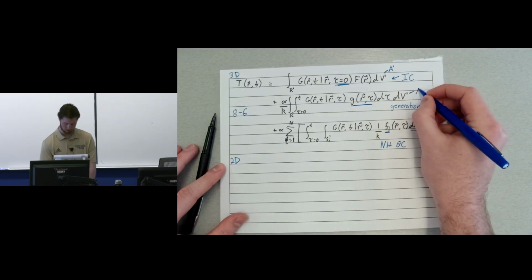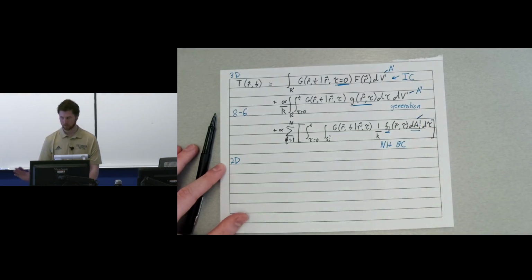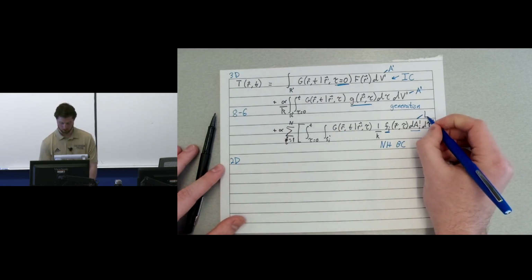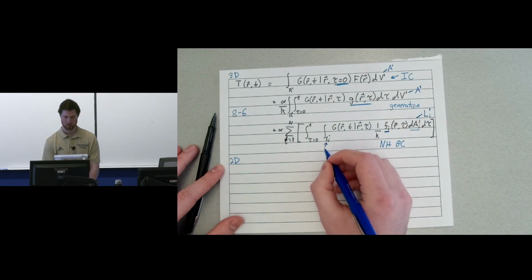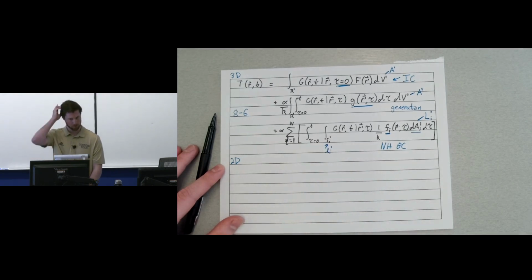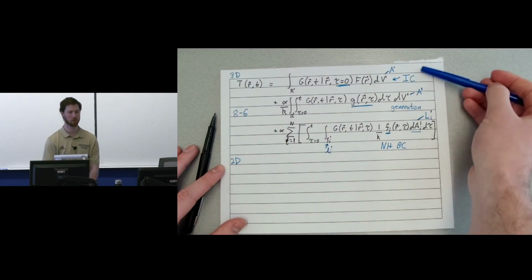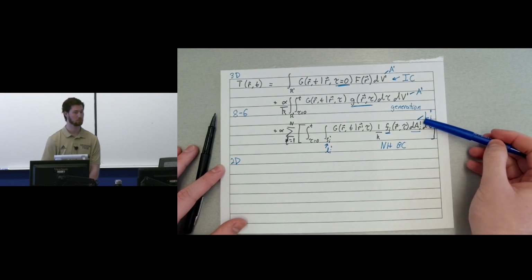Lowercase r is going to be a little confusing with these already, so we're going to use l prime. So instead of integrating over a volume, we'll integrate over an area, and then for this, we'll integrate over lines.